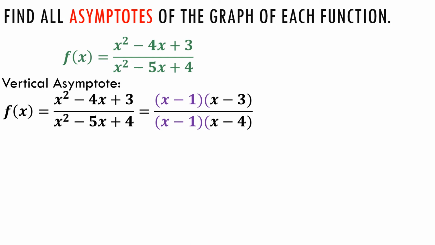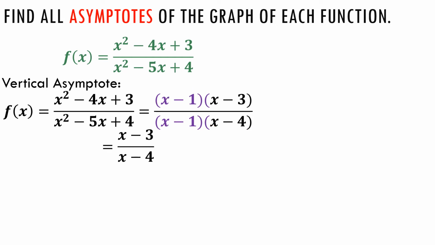For the denominator, we have x minus 1 and x minus 4. As you can see, it can be simplified by eliminating the common factor x minus 1. So let's eliminate. What remains is this: x minus 3 all over x minus 4.